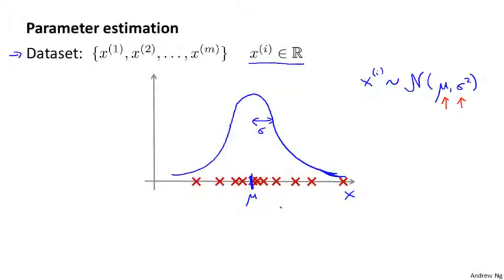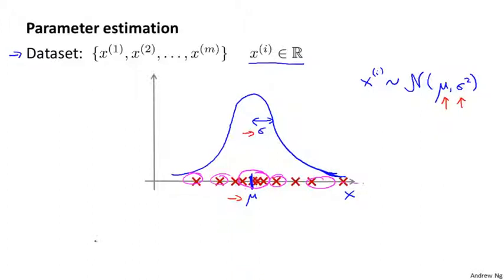It seems like a reasonable fit to the data because the data has a very high probability of being in the central region, low probability of being further out, even lower probability of being further out, and so on. So maybe this is a reasonable estimate of mu and of sigma squared, if it corresponds to a Gaussian distribution that looks like this.